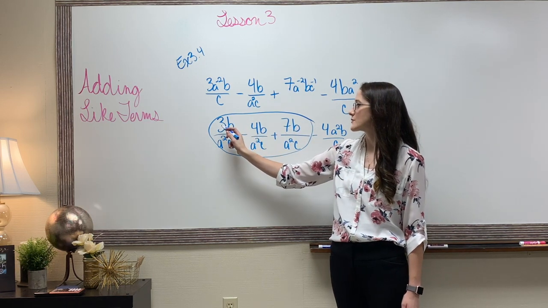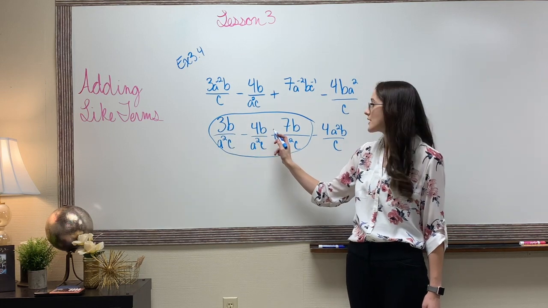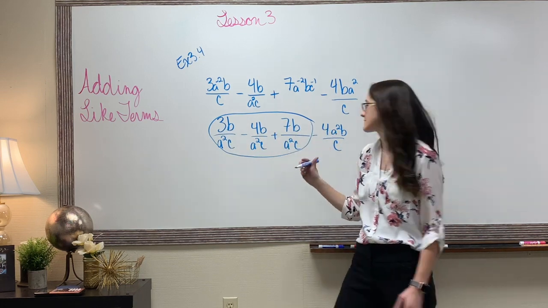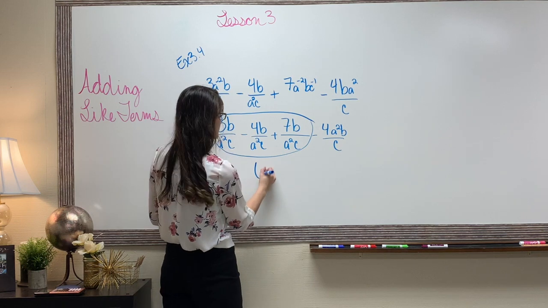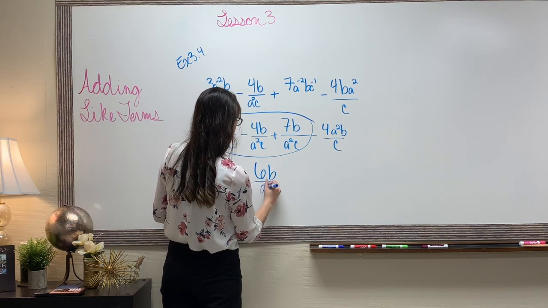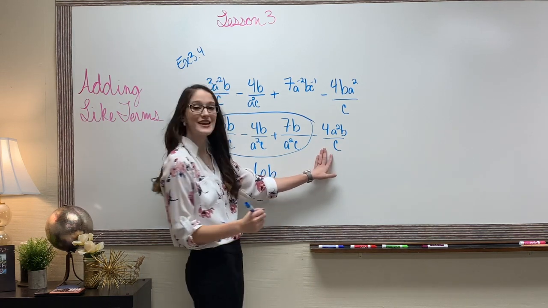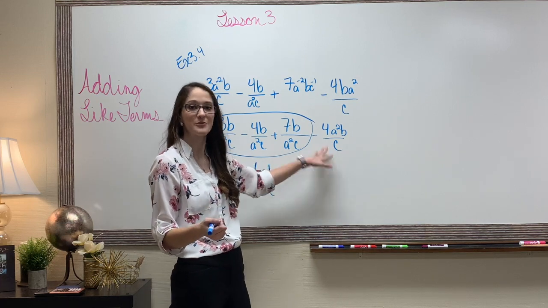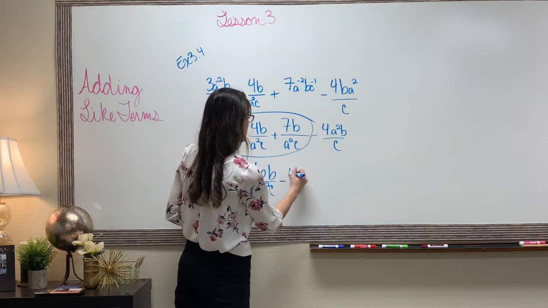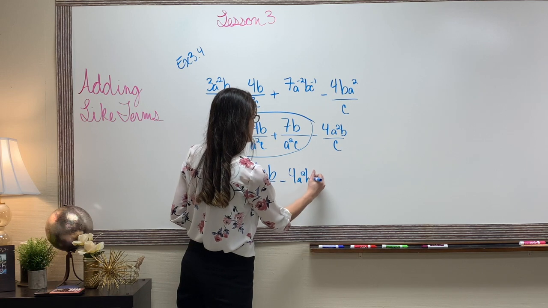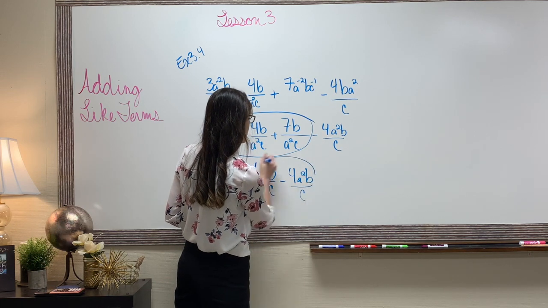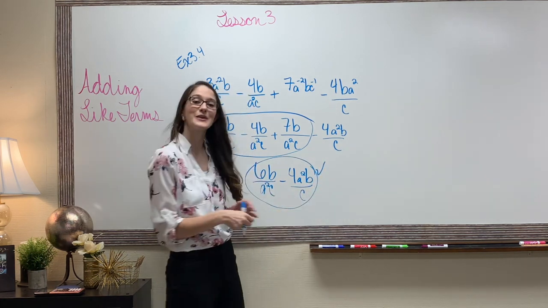So that is going to be 3 minus 4, negative 1, plus 7, so that's going to be 6. And since I can't add this one as a like term, I'm just going to bring it down. And that's it. We are done.